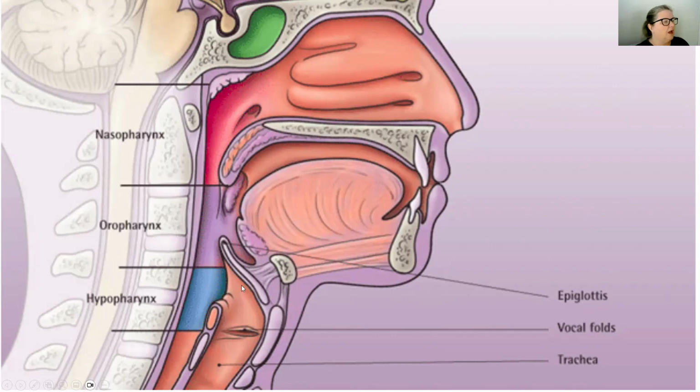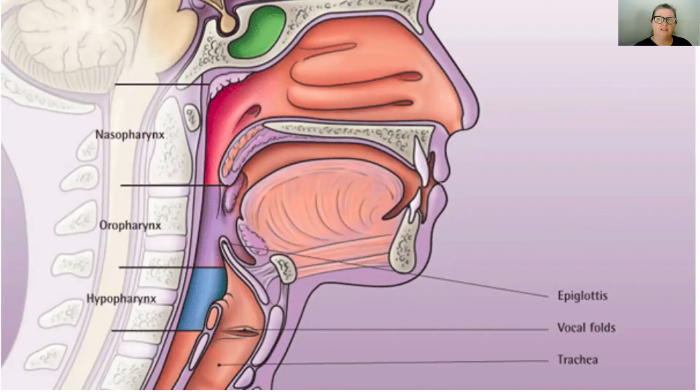Right here, you have this little flap called the epiglottis. And the epiglottis is there primarily so that when you drink something, so intake liquids or intake food, solids, the epiglottis will kind of flap down over the trachea to keep those liquids or solids from entering the trachea and therefore going into the lungs, because the trachea is your windpipe and that leads into the lungs.